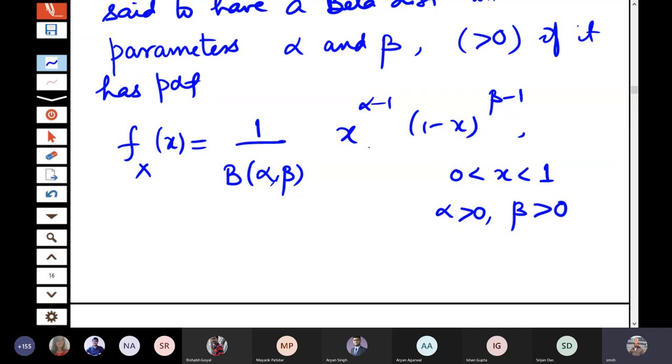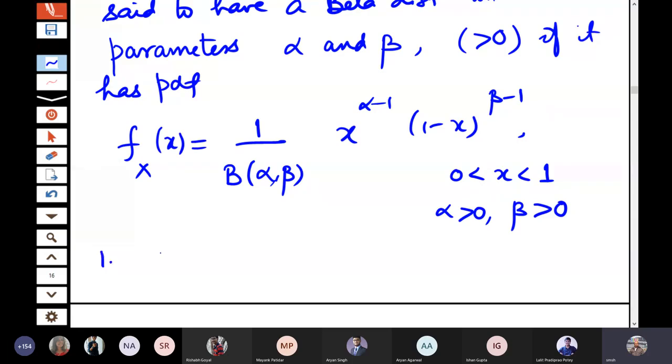Now there are two parameters, and it can give rise to a large number of distributions by choosing alpha and beta appropriately. Suppose I take alpha equal to 1 and beta equal to 1, then it is nothing but the uniform distribution on the interval 0 to 1. Okay.